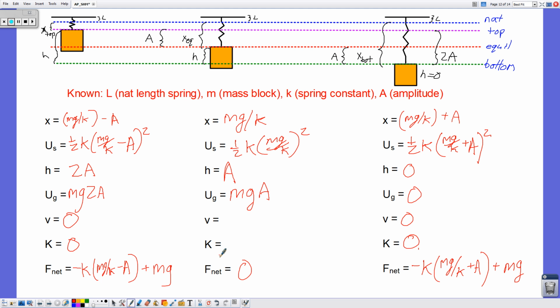It's going to be the total amount of energy, which happens to be equal to this, minus this energy, minus this energy. Okay, so that's going to be 1/2 k that x squared minus 1/2 k that x squared minus mgh.